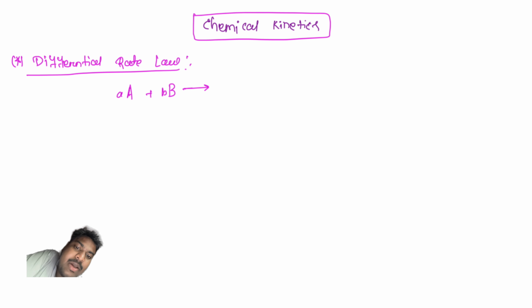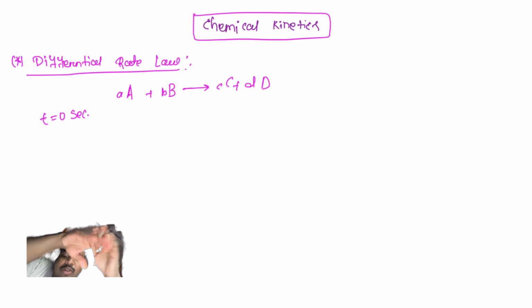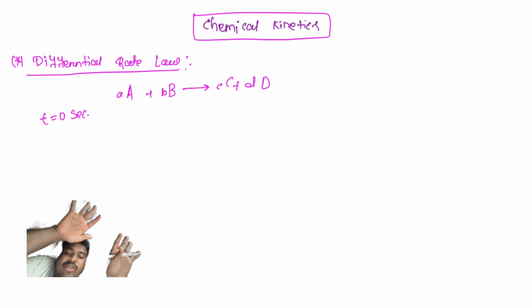Let us consider a general reaction: a of A plus b of B giving rise to c of C plus d of D, where the small a, small b, small c and small d are all known as the coefficients of the reactants A and B and products C and D respectively. Let's say at t equal to 0 seconds, no reaction has happened and no product has formed, so everything is reactant.